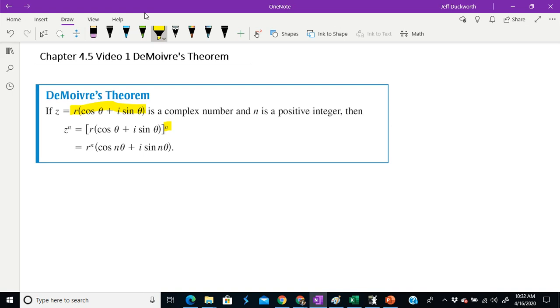All right, so on page 346, let's do number 8. So they give us this.